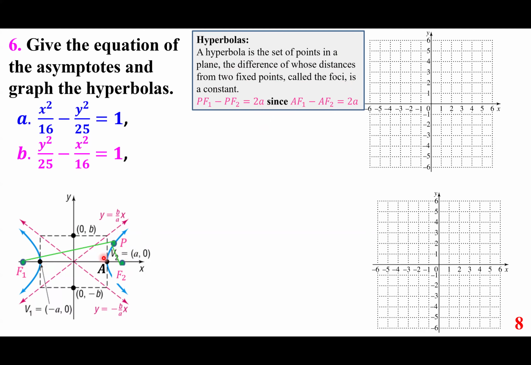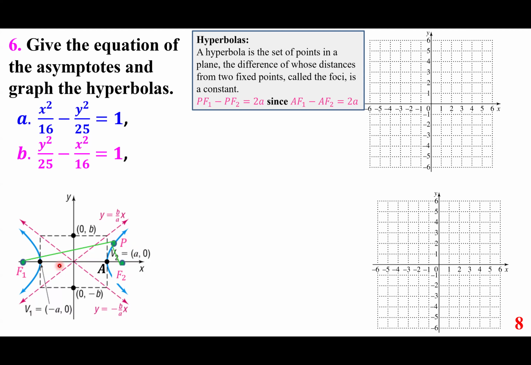And the proof is, again, if this works for every point, it works for this vertex as well. AF1 minus AF2 equals this distance. And if this distance is A, because this is located at A, 0, everybody, then this is 2A. That's actually easy to see.